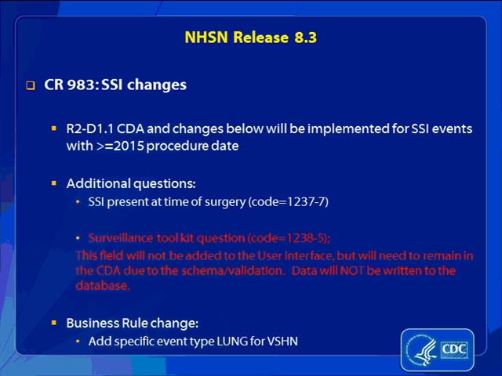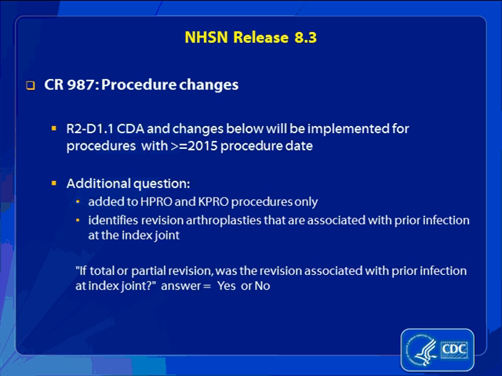It won't be in the user interface, but again, because of the schema and the validation, you'll need to have an answer to the surveillance toolkit question in your updated R1.1 CDAs, but that data won't be written to the database.